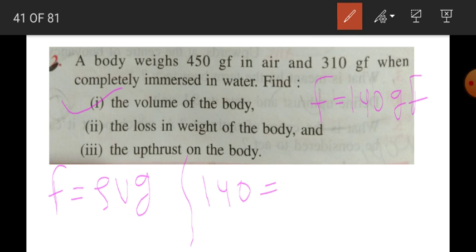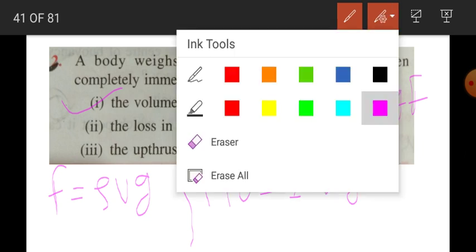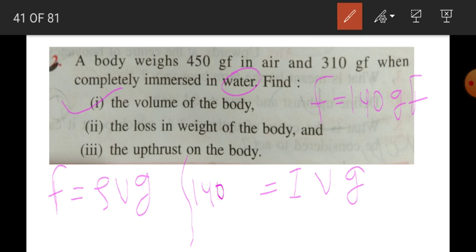Density of the water is not mentioned here, so density of the water is 1. Volume we need to calculate. And g will get cancelled. We can directly cancel it. My final answer is 140. Unit will be centimeter cube. This type of numerical was asked in this year's board exam. Okay, we have solved it.